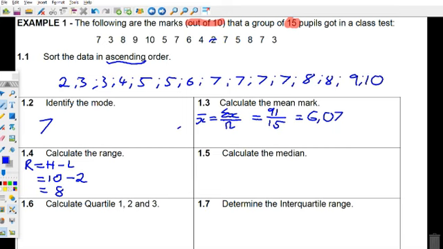So it's going to be your 8th one, because on this side there are 1, 2, 3, 4, 5, 6, 7, and on this side, 1, 2, 3, 4, 5, 6, 7. Have we found the middle? Yes. So my median here is 7.